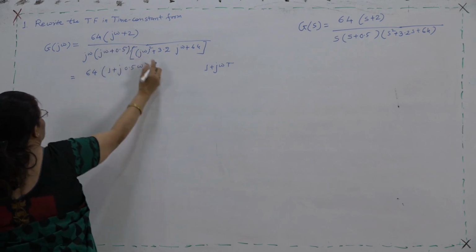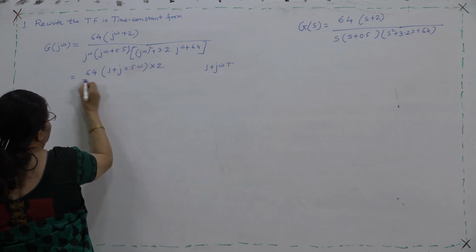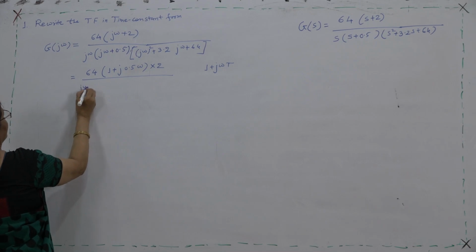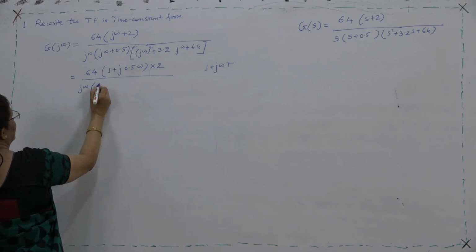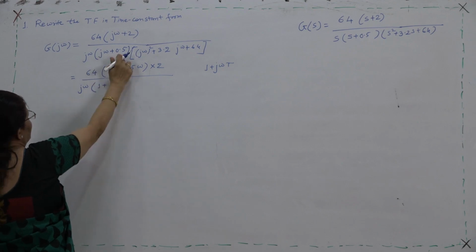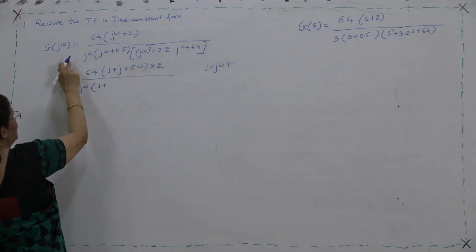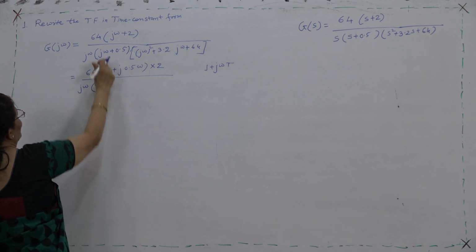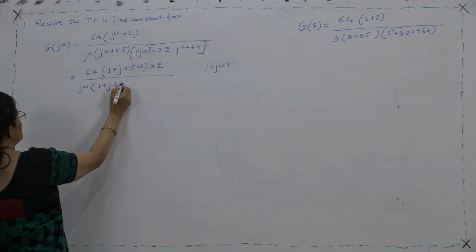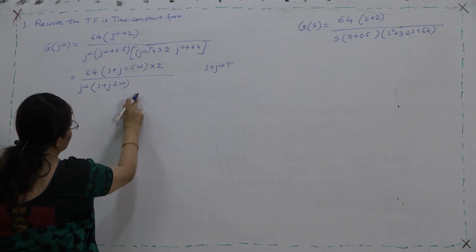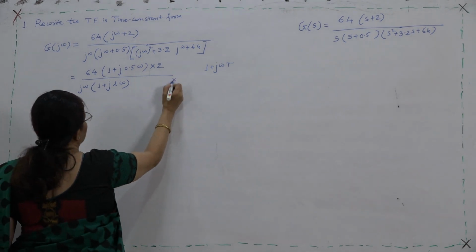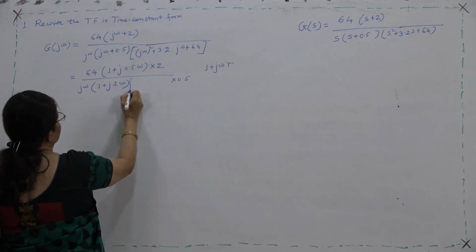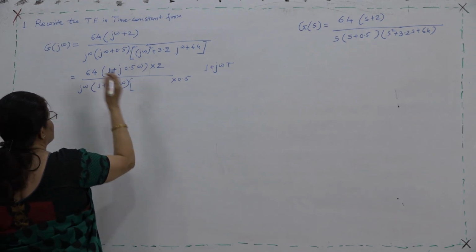As I am dividing by 2, I have to multiply here by 2 upon j omega. Here I want 1 plus, so I have to divide here by 0.5 and then multiply by 0.5. Dividing by 0.5 gives me 1 plus j omega divided by 0.5, meaning 2 omega. As I am dividing here by 0.5, I have to multiply here by 0.5 into j omega square.